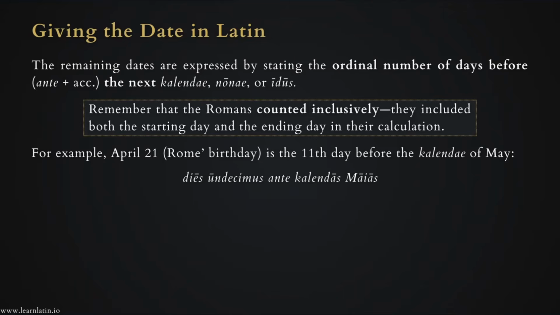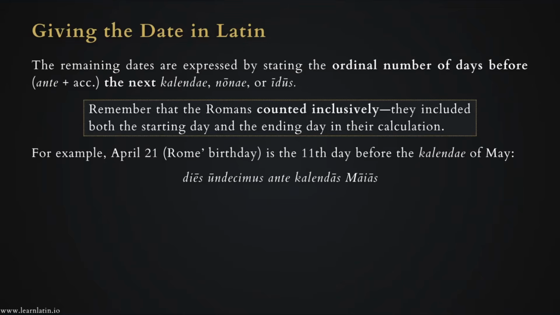All right, so in ancient Rome and in Latin, we don't simply count how many days you are into that month. We do that now. When we say April 21, we say 21 because that's how many days we are into the month. But the Romans were thinking forward.